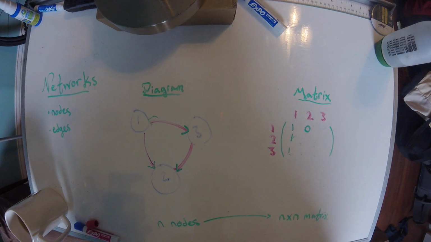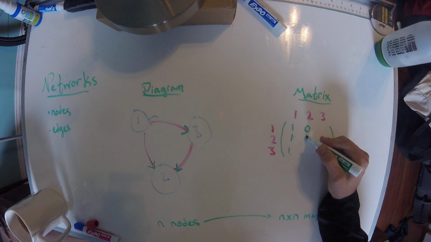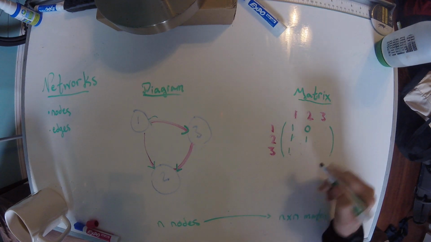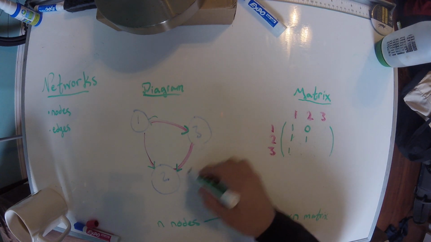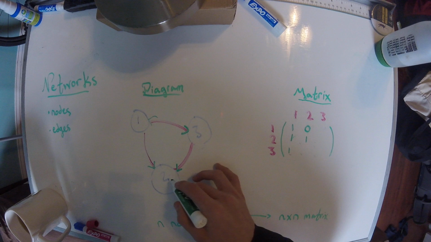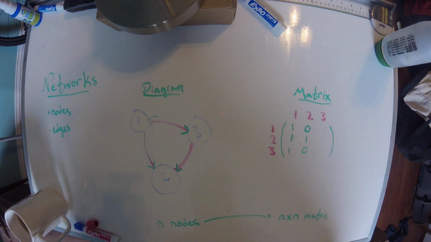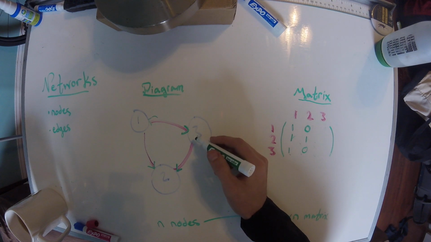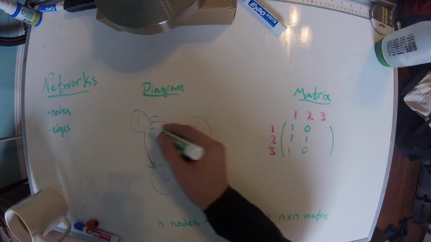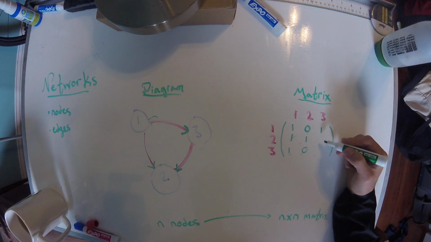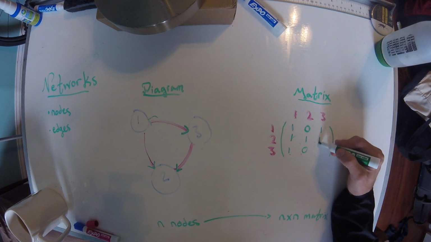And then 2 is connected to itself, sure. And then 2 is not connected to 3 either because there's no arrow going from 2 to 3. So this is also 0. And then for 3, we have that 3 is connected to 1, and 3 is connected to itself, and 3 is connected to 2.